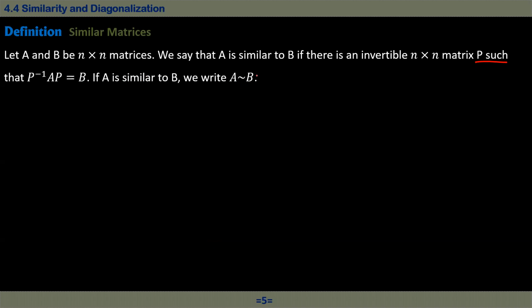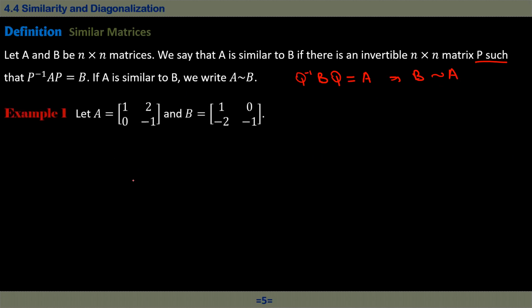If we want to say that B is similar to A, then we should be able to find some invertible matrix Q, where Q inverse times B times Q is equal to A. Then we say that B is similar to A. We are going to prove this: if A is similar to B, then also B is similar to A. From this definition alone, we cannot draw this conclusion.